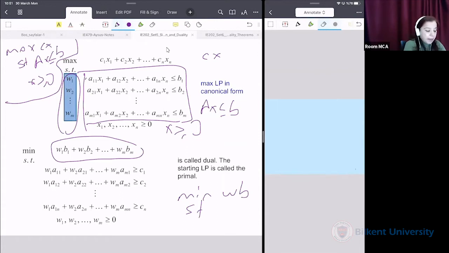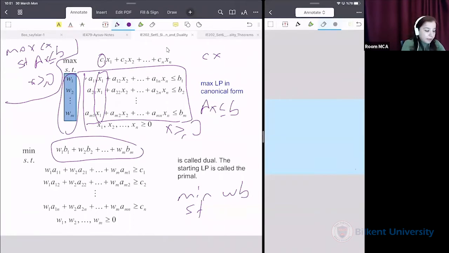Subject to, let's look, so what are we doing? We're multiplying, so for each variable, x1, I'm going to write a constraint. The multipliers combined should be larger than or equal to C1 so that the bound works.